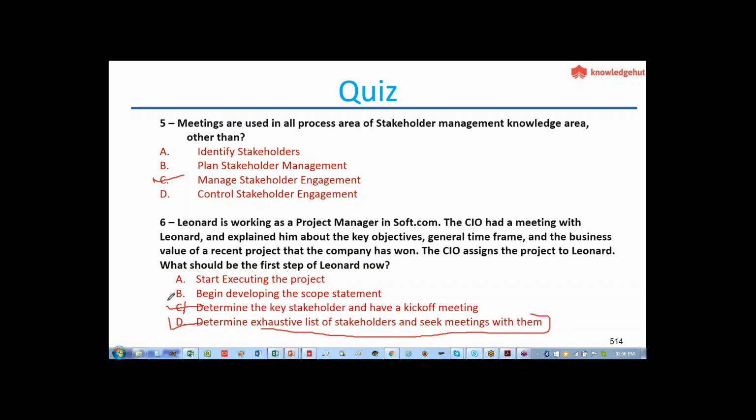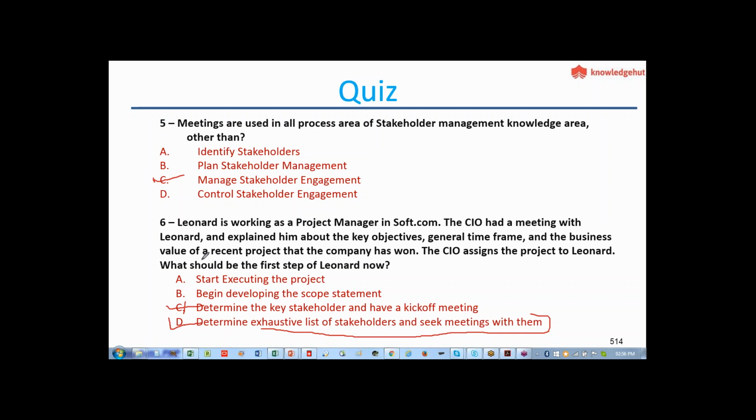Yeah, so you have to start it in the beginning, because you have a list of the key stakeholders already available with you when you start the project, and then you determine the exhaustive list and seek meetings with them. So that should be the first step. This is the start of the project, just right after the project charter.